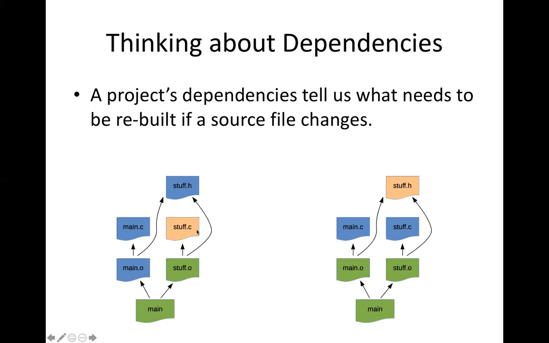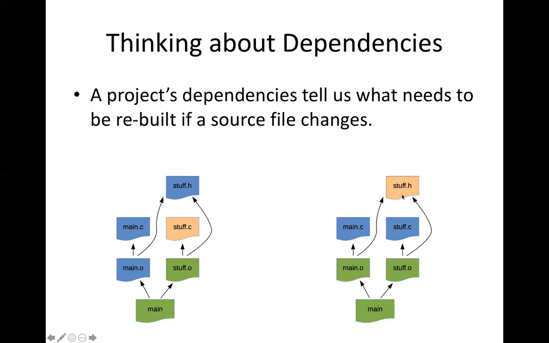If just this one .c file changes, stuff.c changes, what do we have to rebuild? Well, main didn't change, so we don't need to rebuild its object file, but stuff.c did change. We have to rebuild its object file, and then we have to relink the 2 object files together into an executable. These are the kinds of things that are captured in a make file.